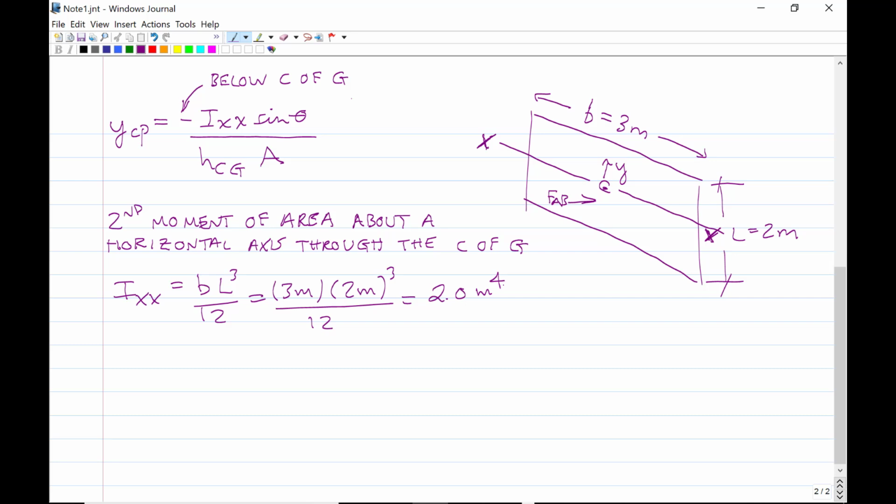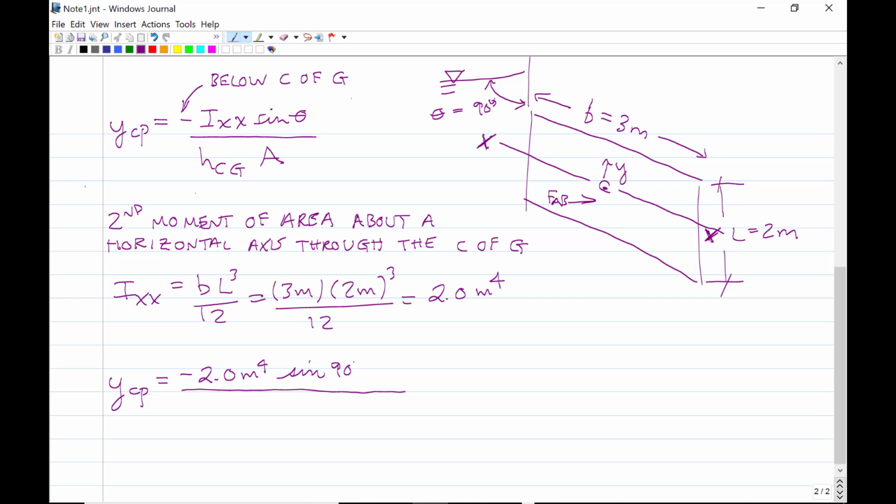So now we can calculate yCP. It's minus 2.0 meters to the fourth. That's I_xx. Now we next have sine theta. Now theta is the angle that the gate makes with the free surface if you project the gate up to the free surface here. And in this case, it's a vertical gate, so theta equals 90 degrees, and the sine of 90 degrees is going to be 1.